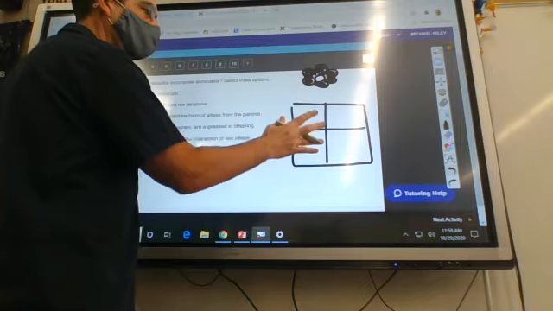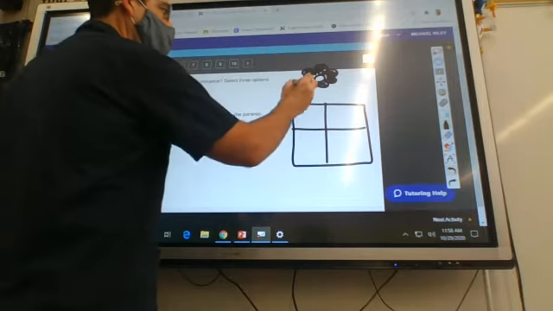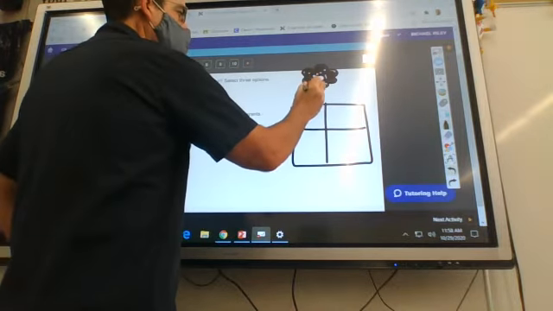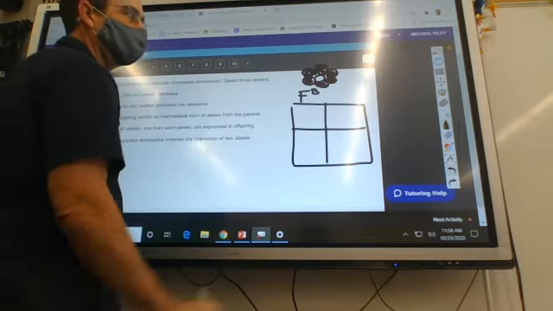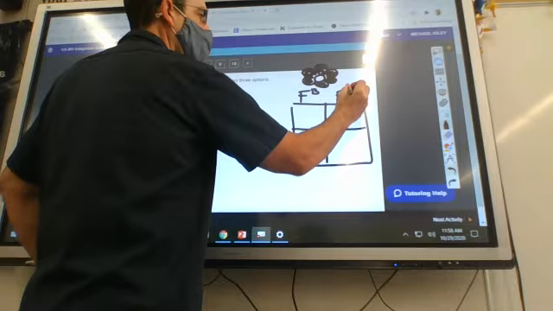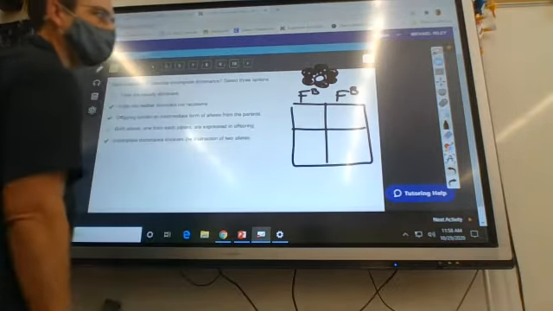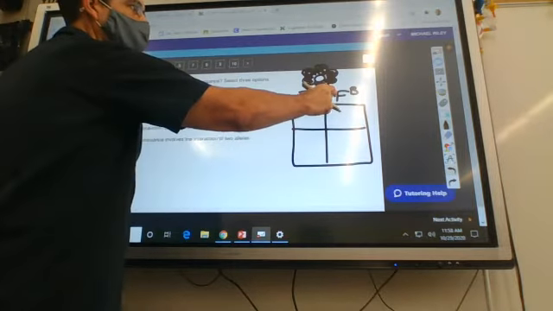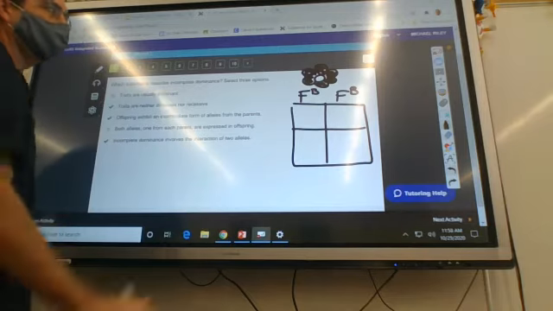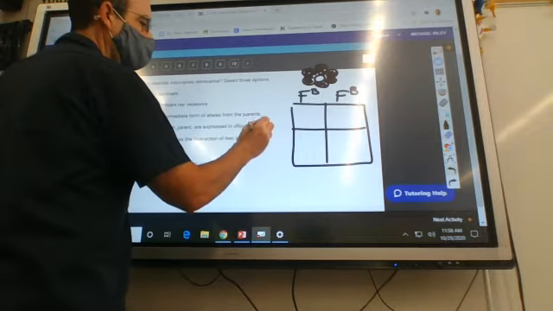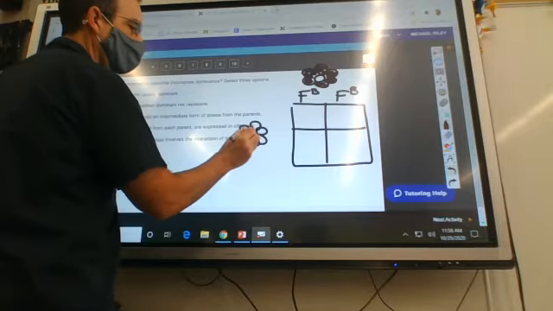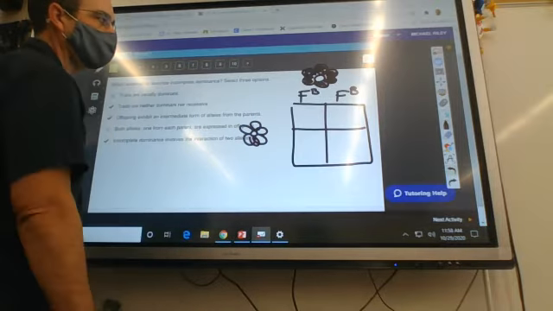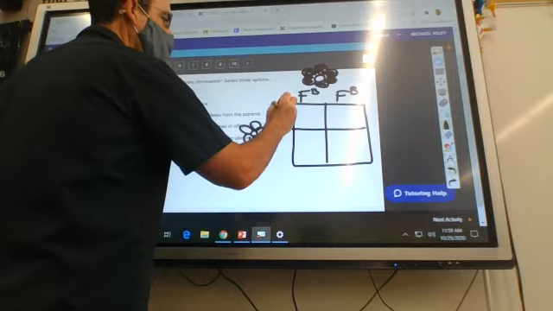This is a codominance Punnett square. So I'm going to put an F with a B next to it, and an F with a B next to it. Those are the alleles for the black flower. I'm also going to do a white one. Oh, that's a white flower. So these are the alleles for white.